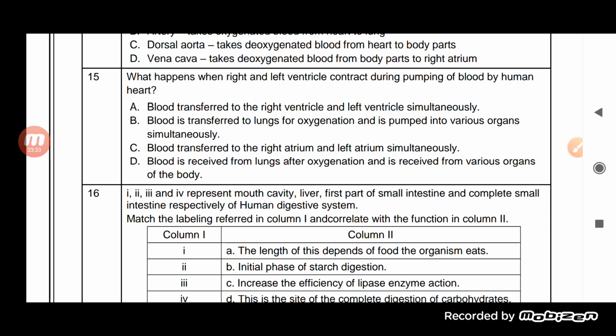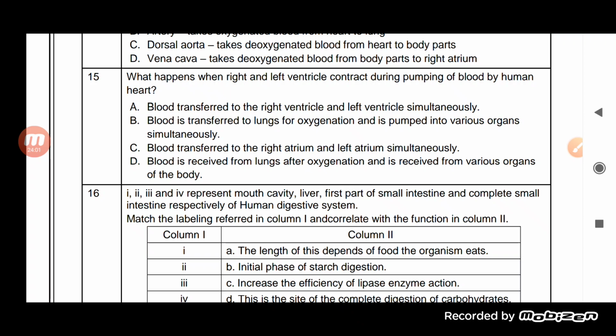Blood is transferred to the right atrium and left atrium simultaneously. Blood is received from the lungs after oxygenation and is received from various organs of the body. So blood is transferred to the right ventricle and left ventricle. This is the wrong one.